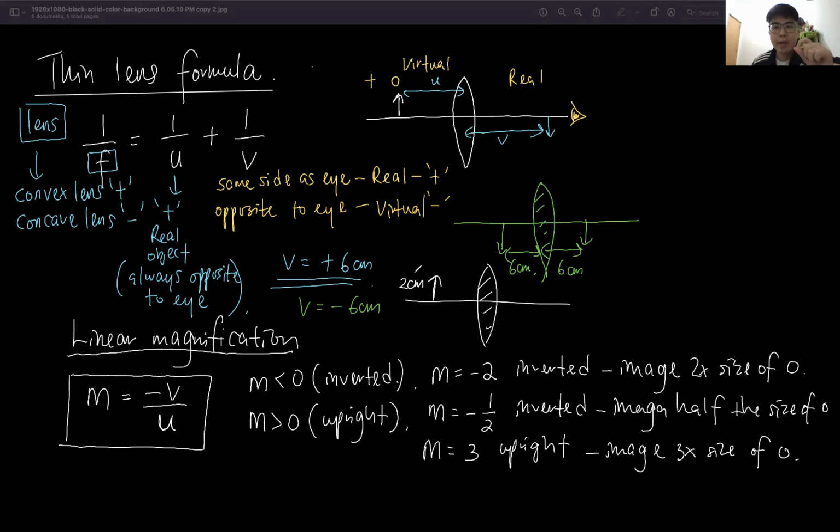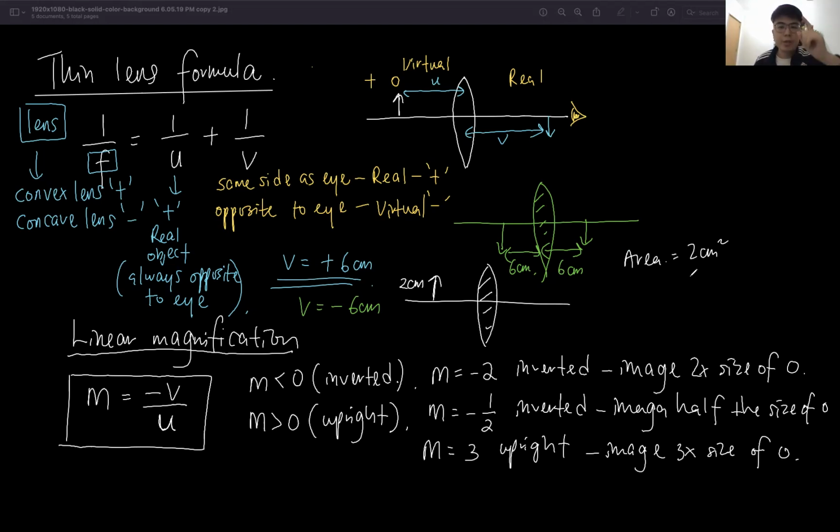So we cannot calculate the magnification of area. For example, if our object has an area of 2 cm square, we cannot calculate the magnification because area is 2-dimensional. Here we are dealing with linear magnification, only length in 1 dimension, just the height.